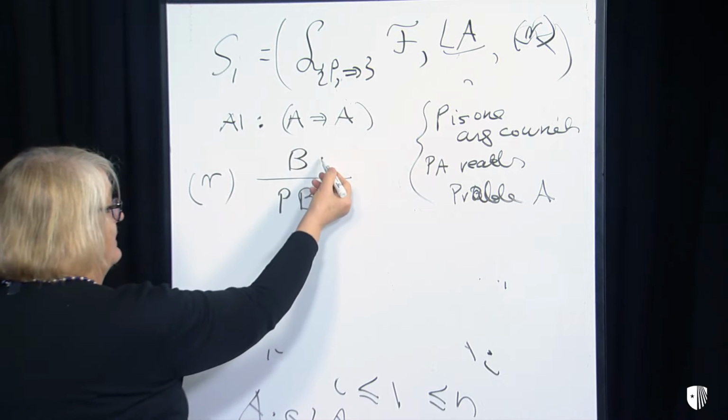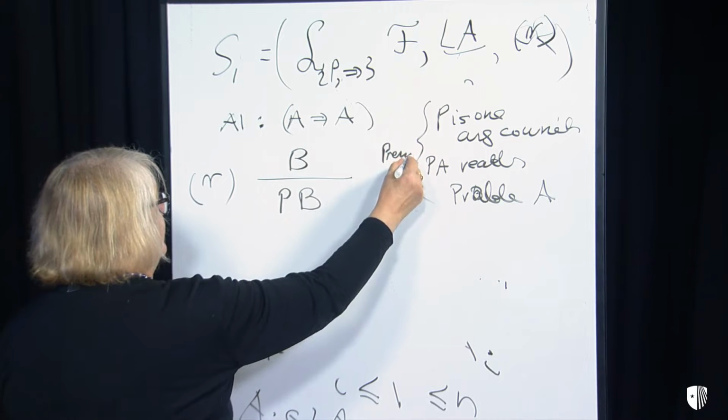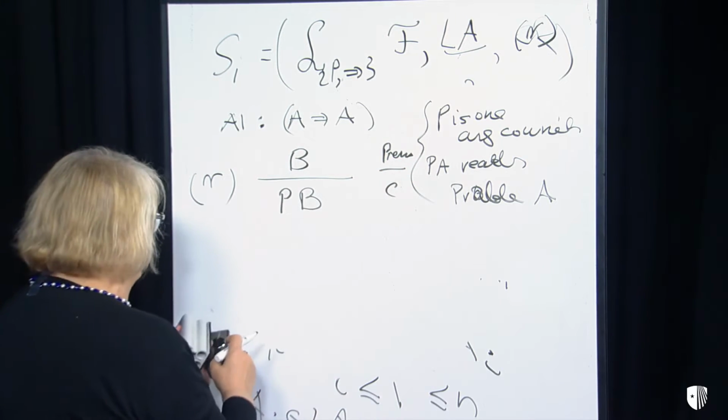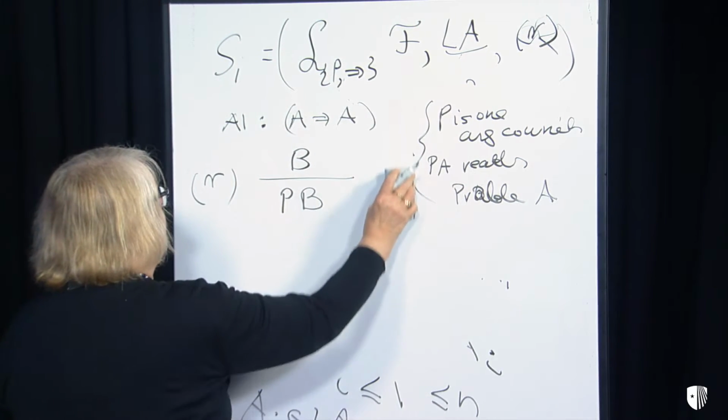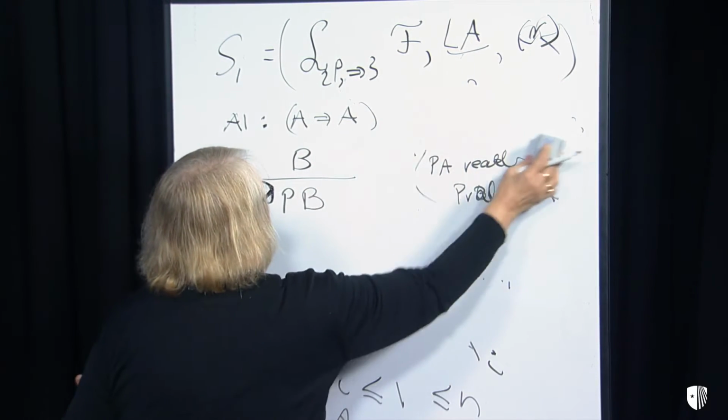So this is a premise, this is the conclusion. There's one premise and one conclusion, so it's a one-premise rule. And I have a very simple system.